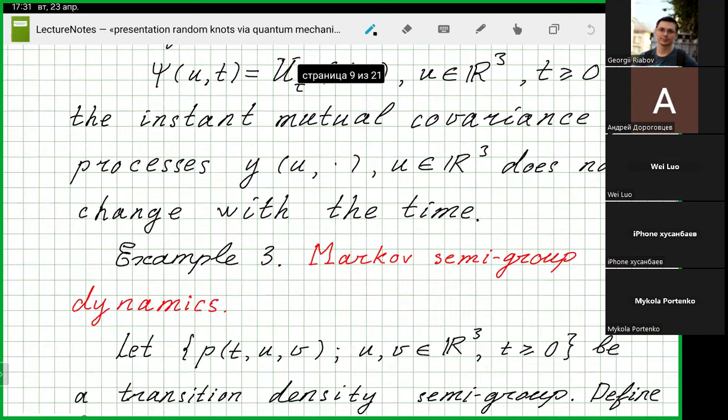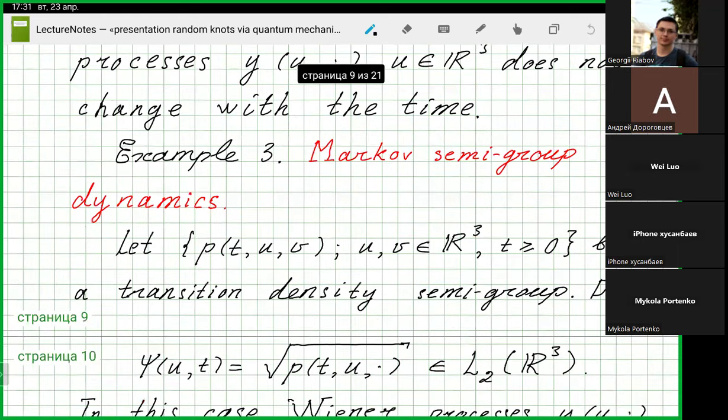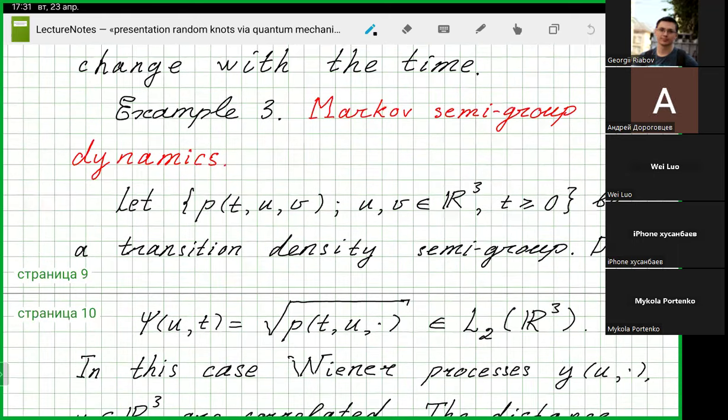So we consider the next example, which is related to Markov semigroup dynamics. Let p_t(u,v), u, v belonging to R3, be a transition density semigroup. So we have, for example, a good diffusion process in R3, and we know that it has a transition density, and this is its semigroup.